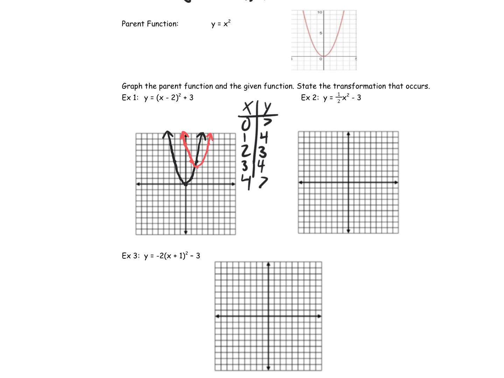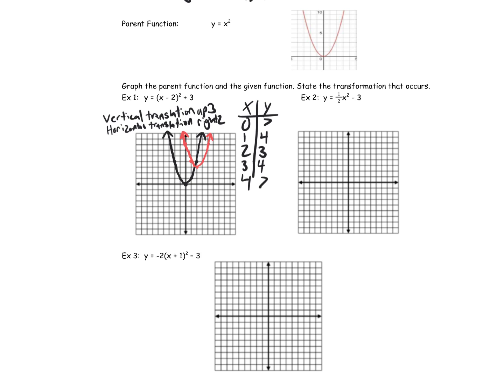We haven't affected the steepness of the opening. All we've done is move the vertex 2 units to the right and 3 units up. So we had a vertical translation up 3 and a horizontal translation 2 units.